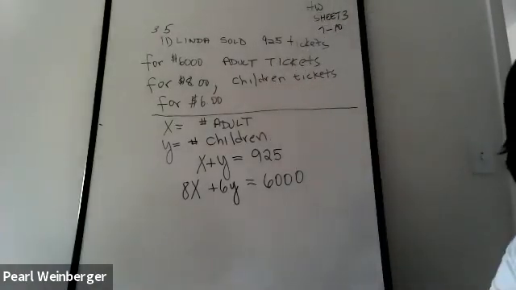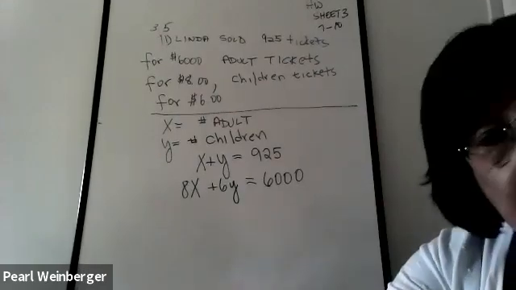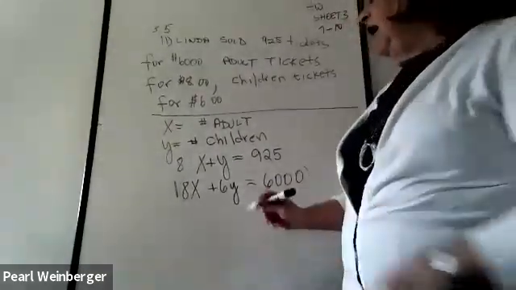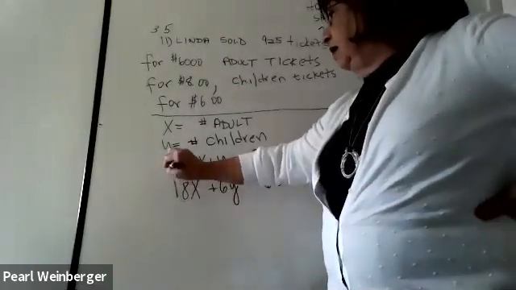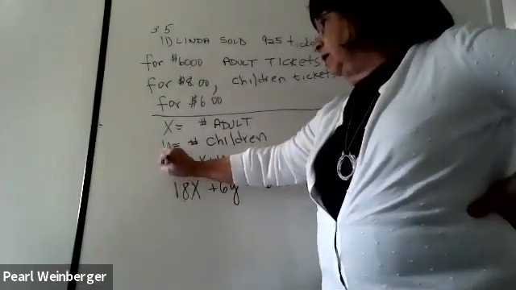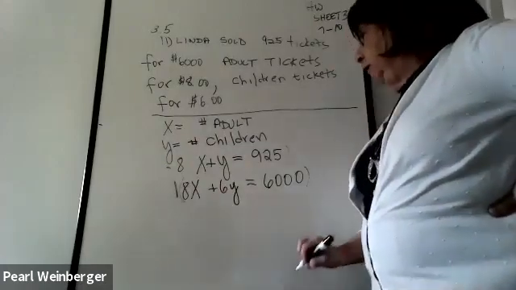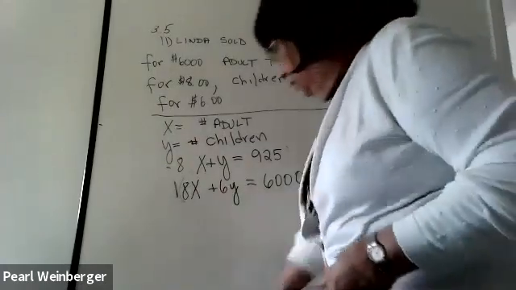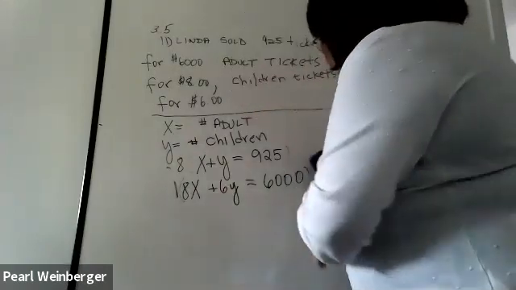And I'm going to, again, we're going to have to use a negative with one of them. Let's use a negative with this one. So let me see if I can move this over a little bit.